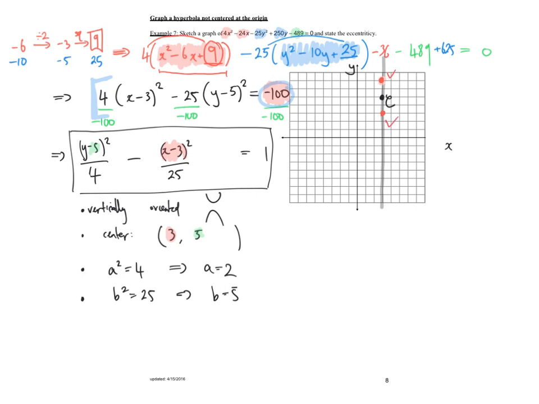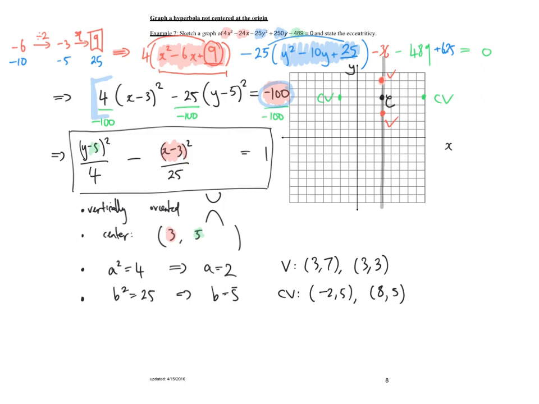Those are our vertices. Our co-vertices are going to be 5 units to the right and left of the center. So that's 1, 2, 3, 4, 5, and 1, 2, 3, 4, 5. Co-vertex, co-vertex. If we read off those coordinates, the vertices have coordinates 3, 7, and 3, 3. The co-vertices have coordinates -2, 5, and 8, 5.